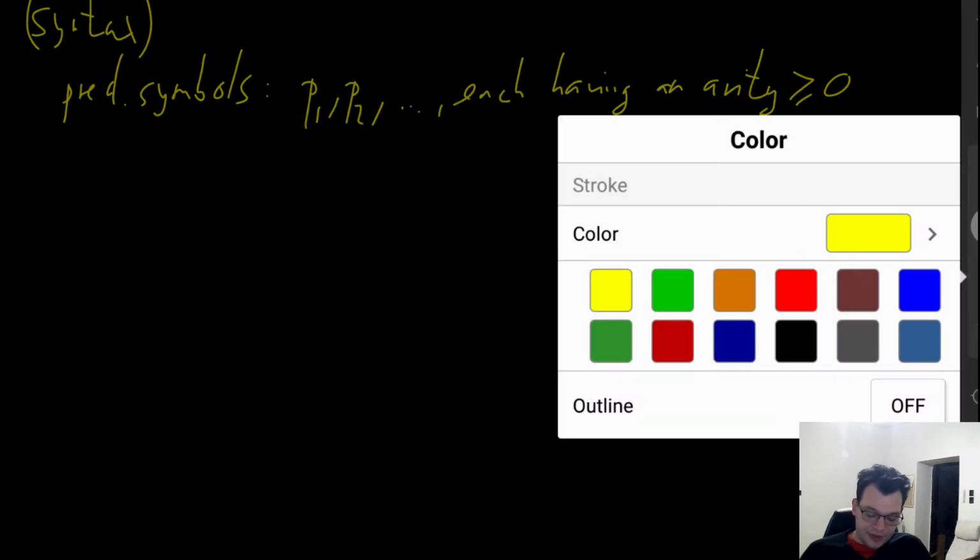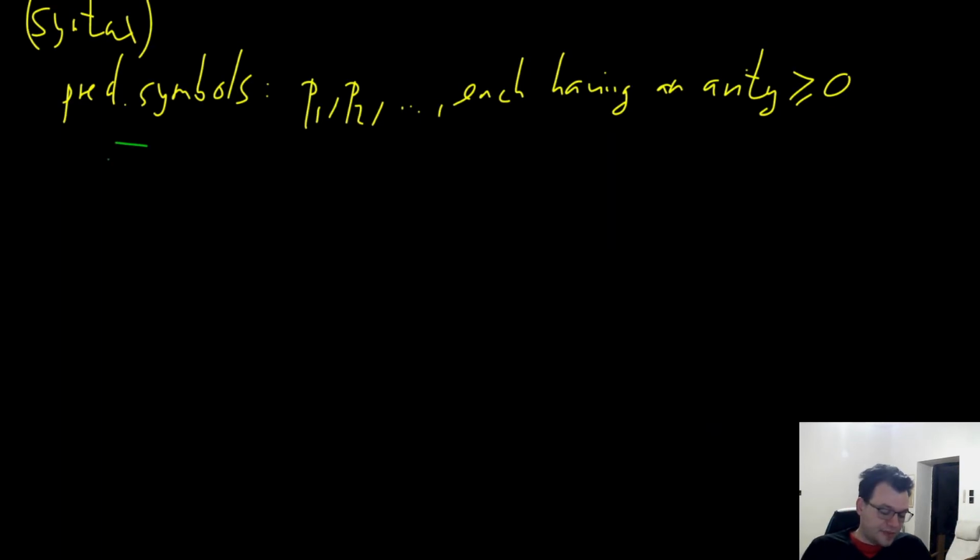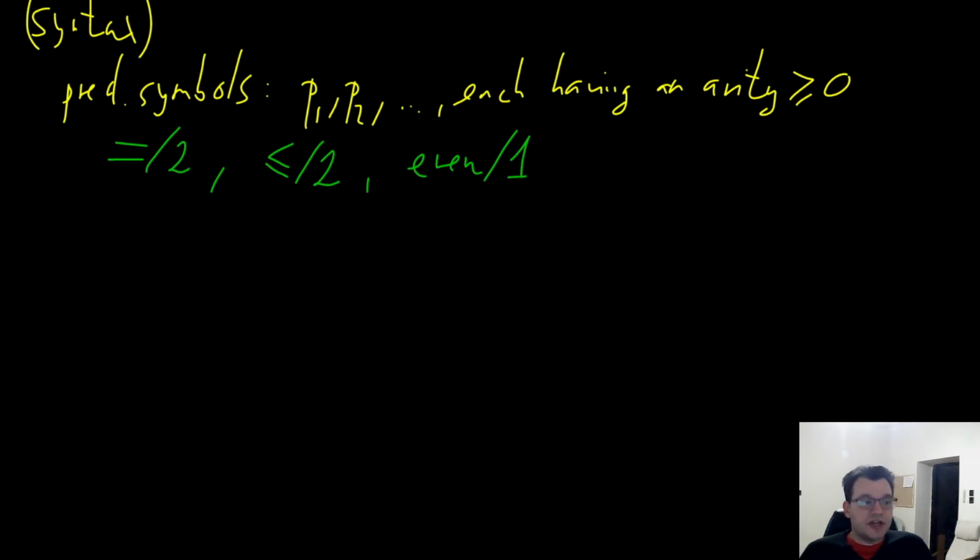So for example, a predicate symbol can be the equality sign, which is always binary. Or you can use the smaller than or equal to, and it's also binary. Now, for example, this even sounds like an adjective and it's a unary predicate, and in the context of natural numbers it usually denotes the predicate which is true if your number is even and false if your number is not even but odd.